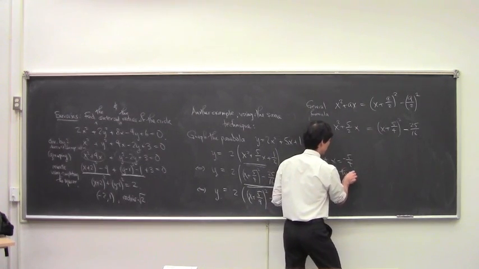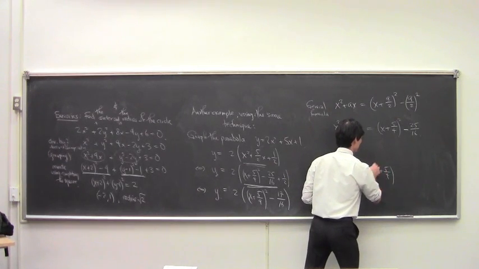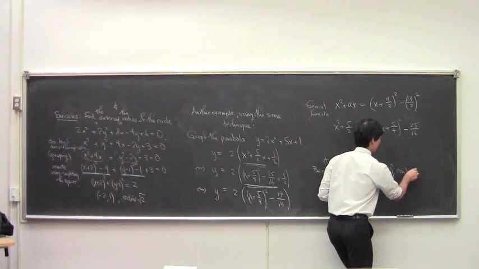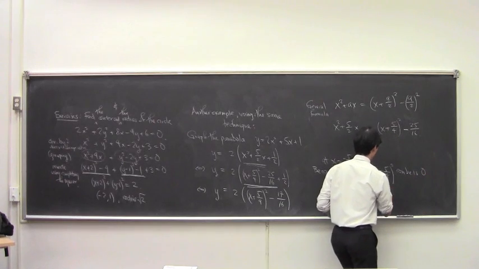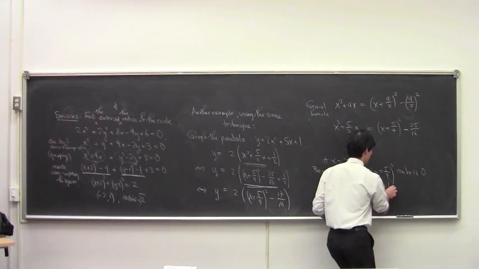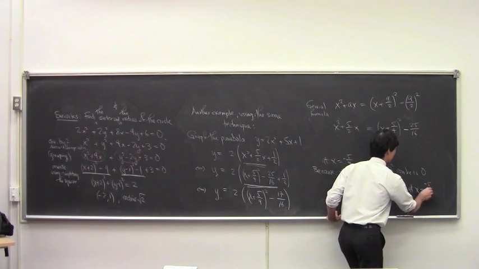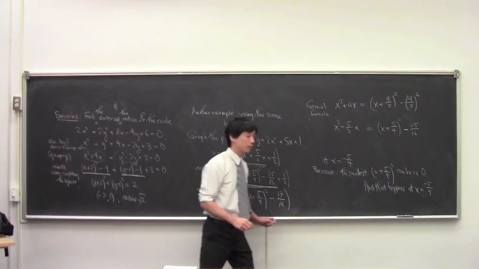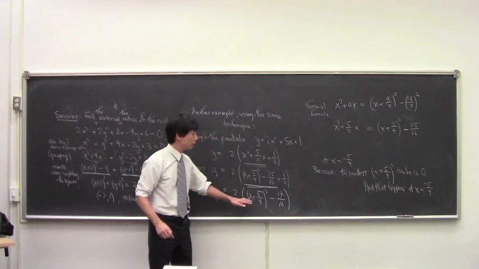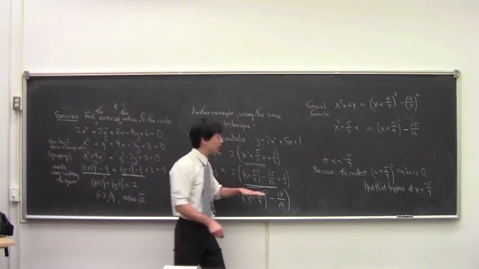The smallest x plus 5/4 squared can be is 0, and that happens at x equals negative 5/4. So you know that at x equals negative 5/4, this thing is at its minimum.